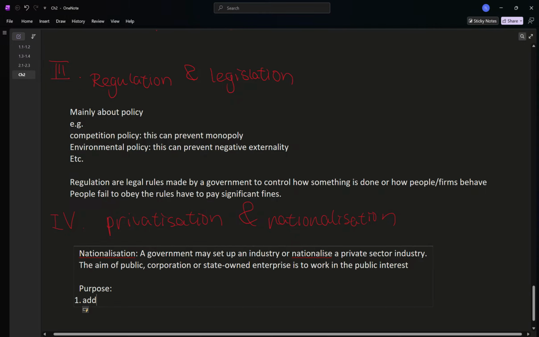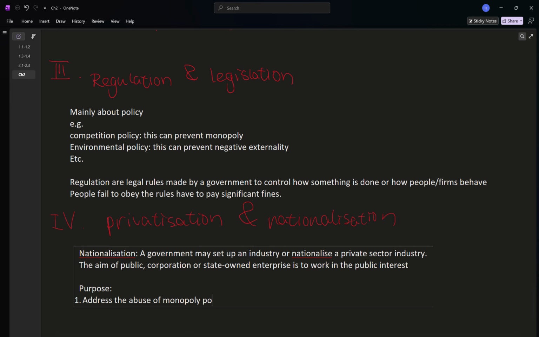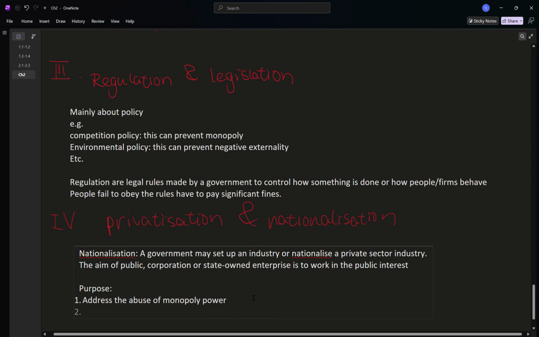One is to address one of the market failures we mentioned before, abuse of monopoly power. Now think about it. If there is a monopoly in a market, to prevent them from setting too high prices, government would do something. It might just nationalize that kind of industry so they can control the price themselves.